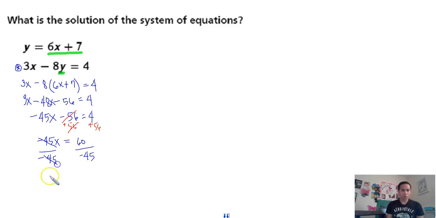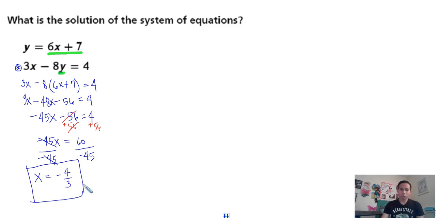The value of x is equal to 60 divided by negative 45, which is negative 4/3, a fraction. Now this is the value of x.